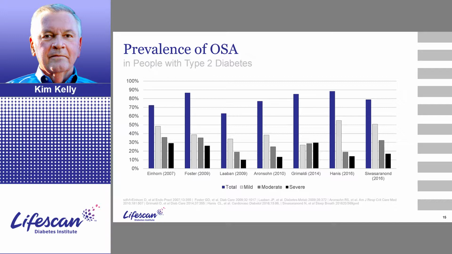And those red bars are the total sleep apnea percentages in those studies. If you look as you go down, there's mild, moderate, and severe sleep apnea. And still, severe sleep apnea is present in roughly a third of the individuals who actually have obstructive sleep apnea.